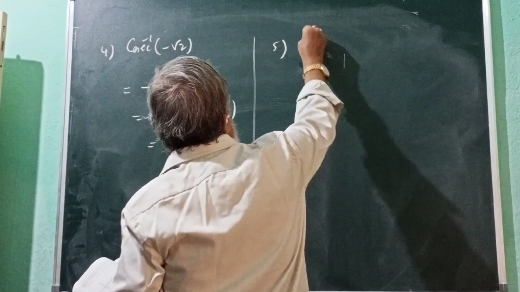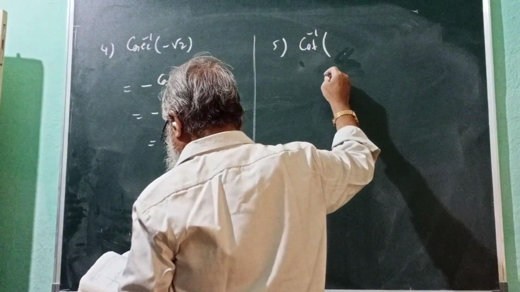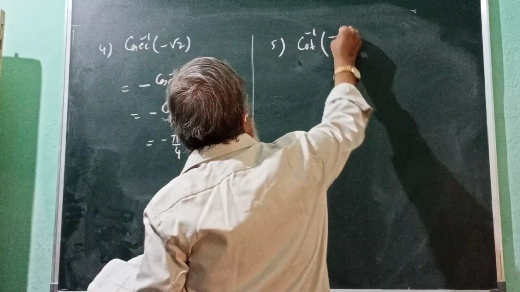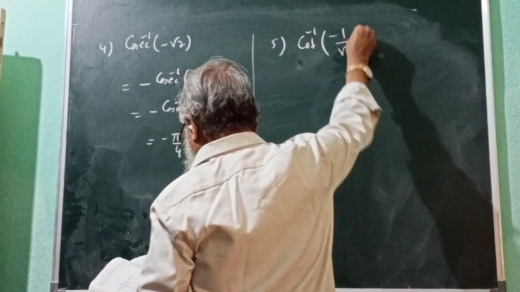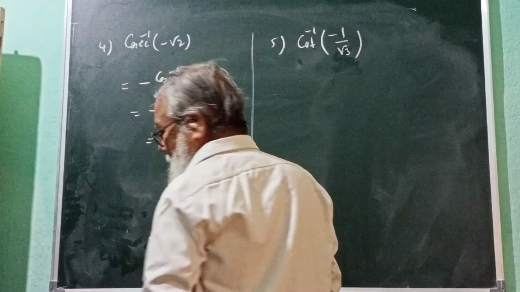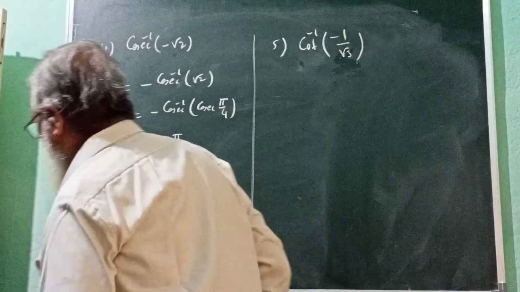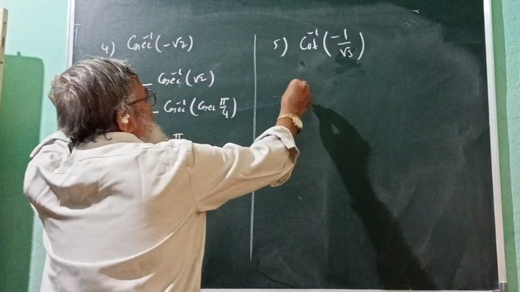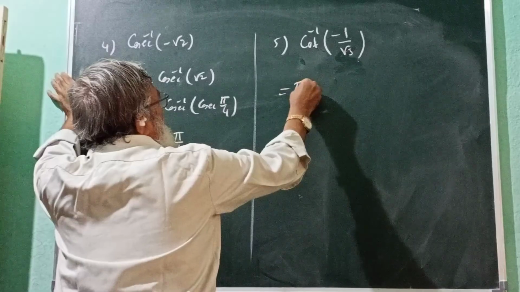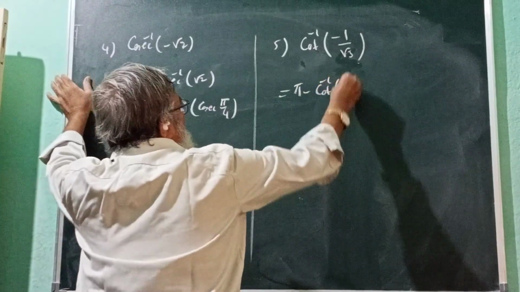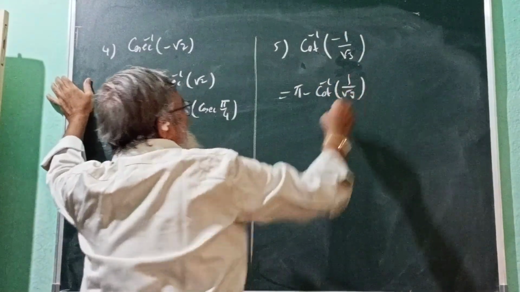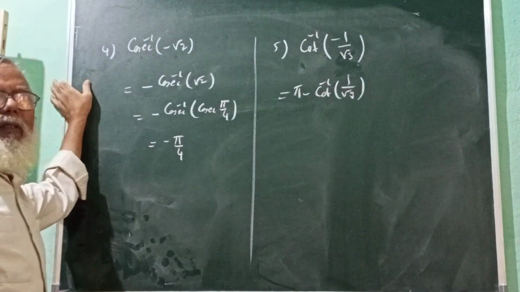Cot inverse of minus 1 by root 3. See the formula. Cot inverse minus x, what is that? Pi minus cot inverse x.